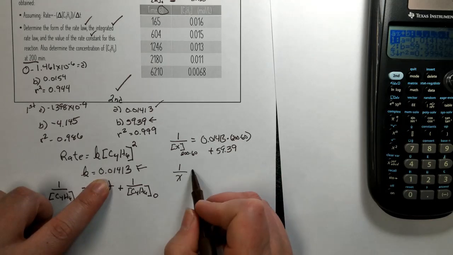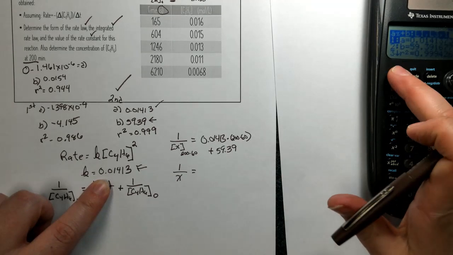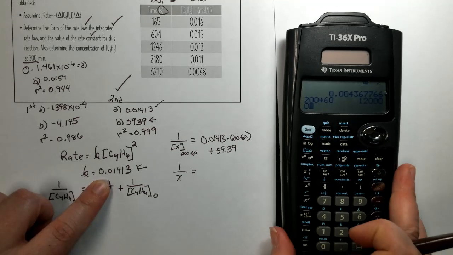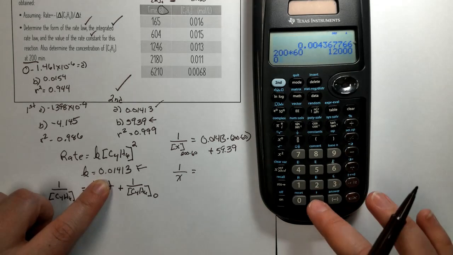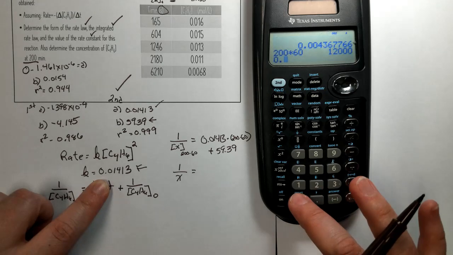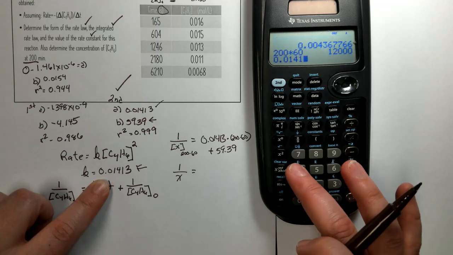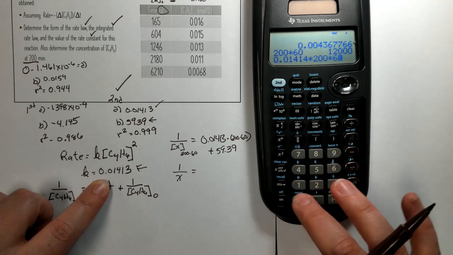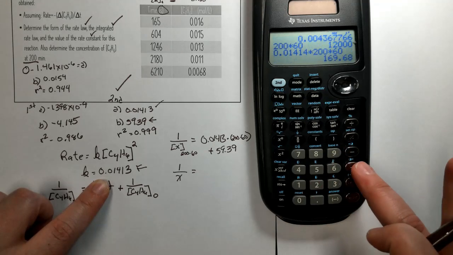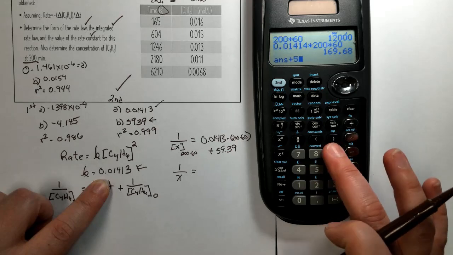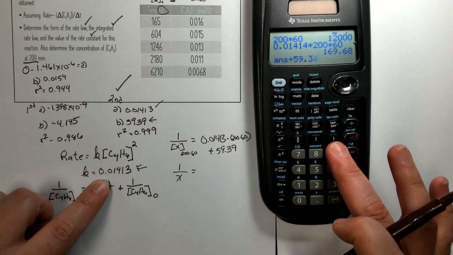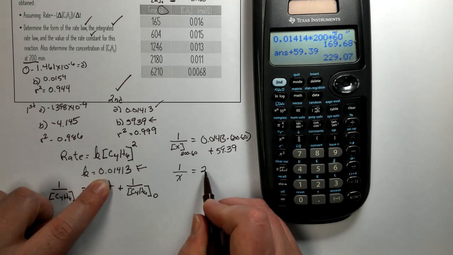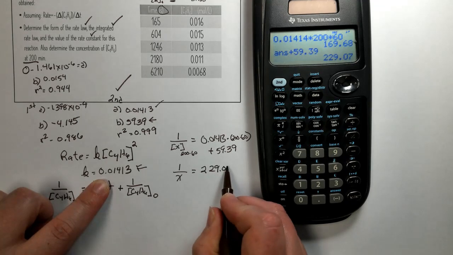So we're going to go ahead and multiply and add these guys together, and we're going to get 1 over x is equal to 0.01413 times 200 times 60 plus 59.39. That gives us 229.07.